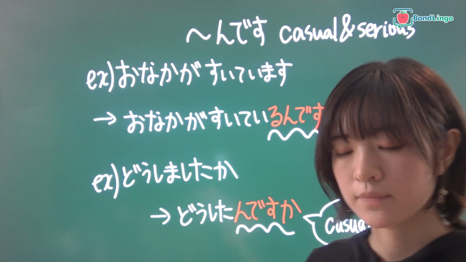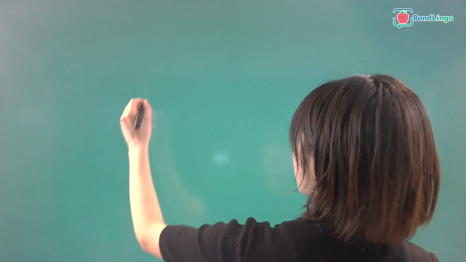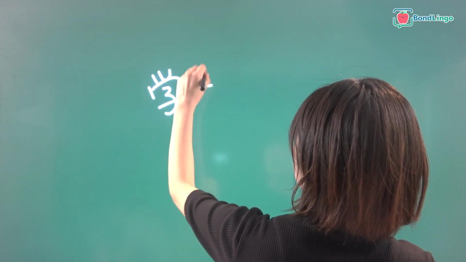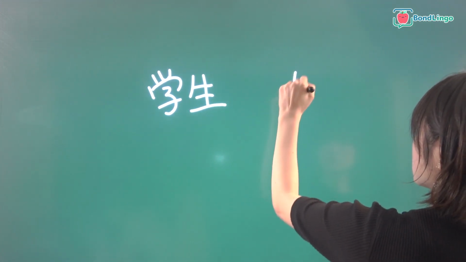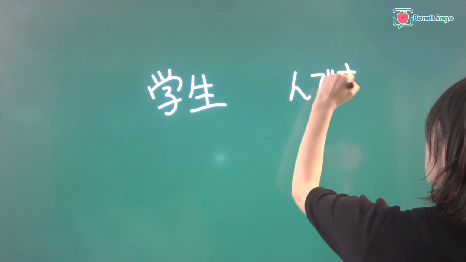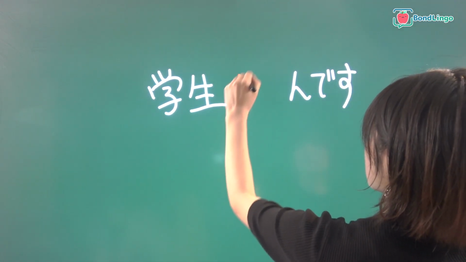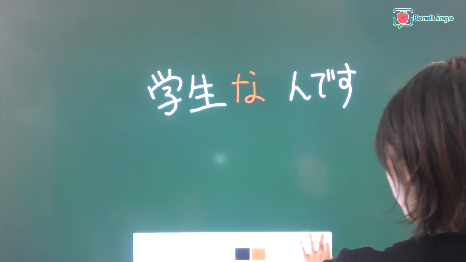And let's look at nouns. For nouns, you must add な. So for example, student, 学生. When we want to add this, please add な. 学生なんです. Okay.